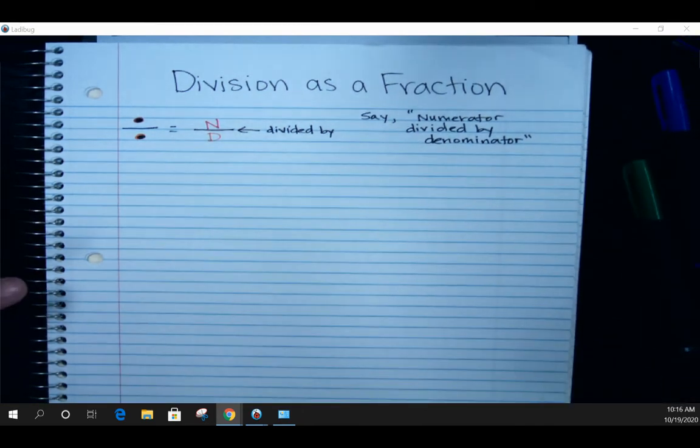Literally, that's what a fraction is, divided by.